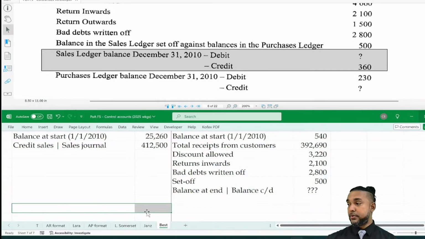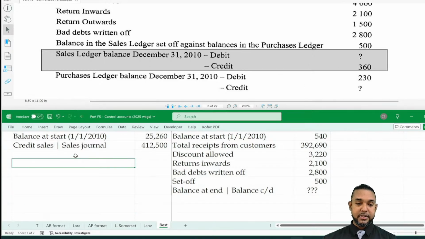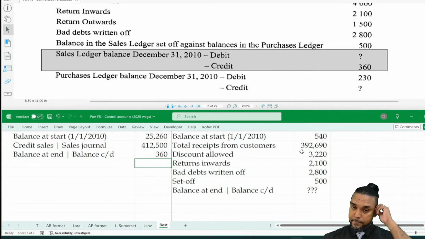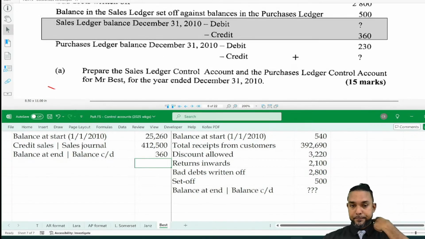That's what we call the balance in the account. But we do have a credit balance at end as well, so we could put balance carried down as 360. And there's nothing else below here.